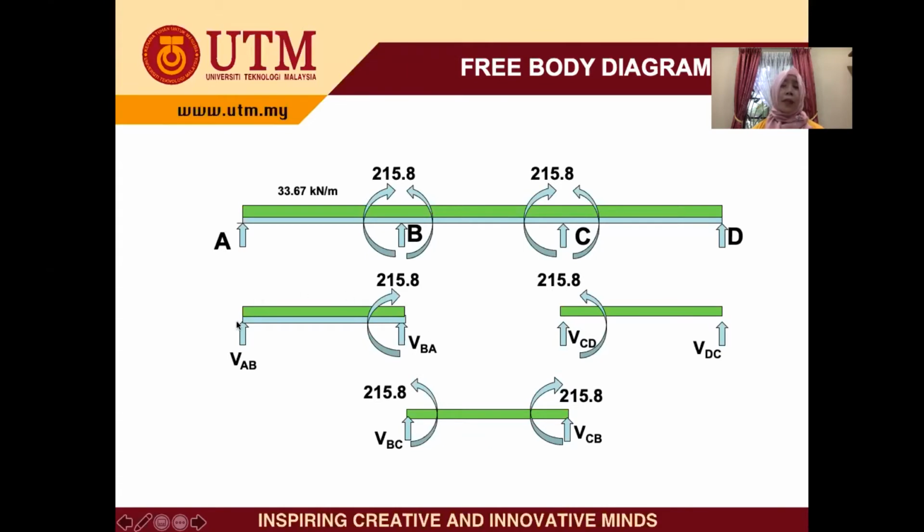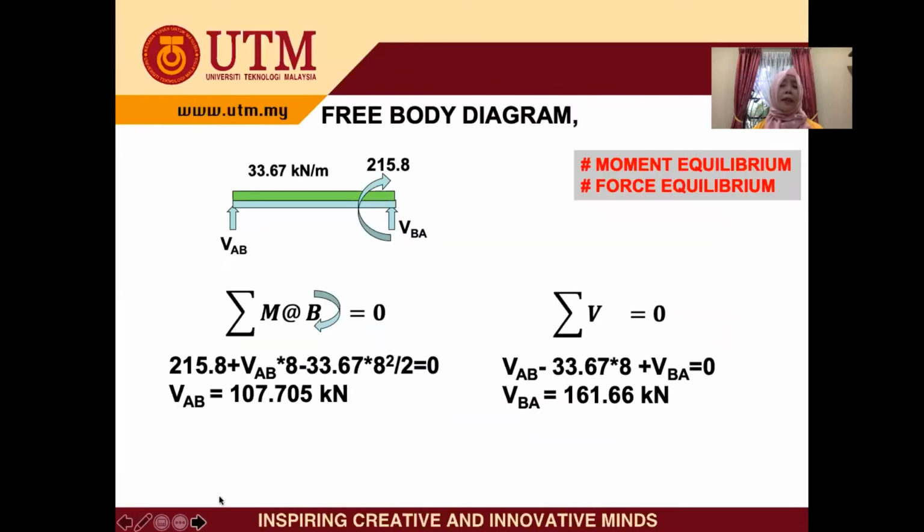When we do it like this, we will get the VA and also VB. Then we have the shear force. For the first span, we have to use 2 principles: moment equilibrium and force equilibrium.